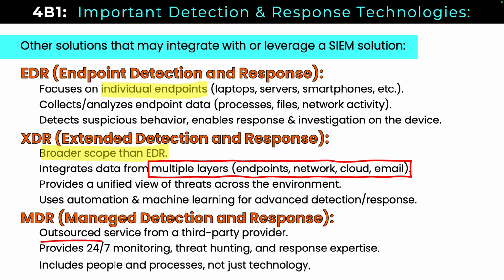But this includes people and processes, not just technology. They will often use some of the same tooling we talked about here, a SIEM, for example, but there'll be people there and processes for responding to potential incidents, up to and including contacting the customer to let them know they believe they have a legitimate incident.